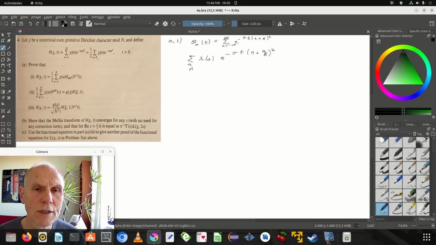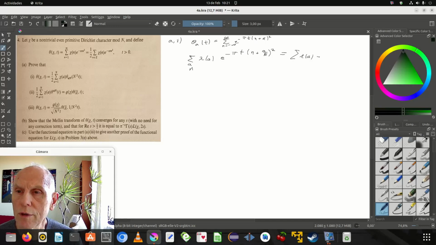Or rather, we may change t. So let's take n squared out, take it outside the parenthesis. That should be a t. Were you able to see that?